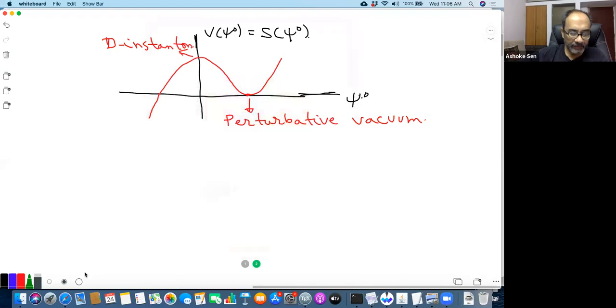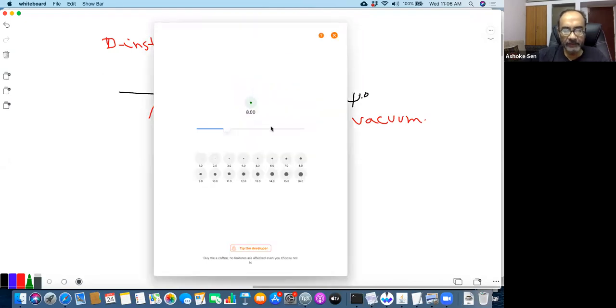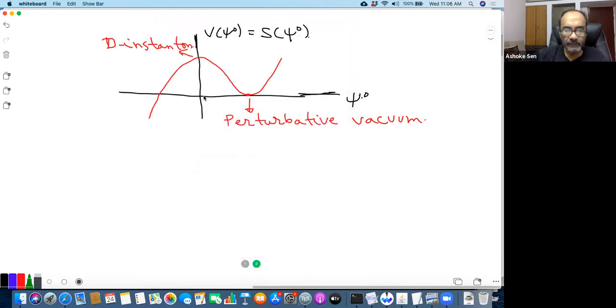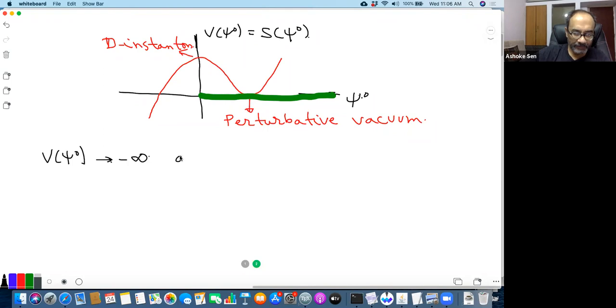Let me draw it maybe in thick line. It's basically this part over here. This part of the real axis must be part of the integration contour over psi 0. Now there is also another thing that you know about the tachyon potential: as psi 0 goes to minus infinity, V of psi 0 goes to minus infinity.